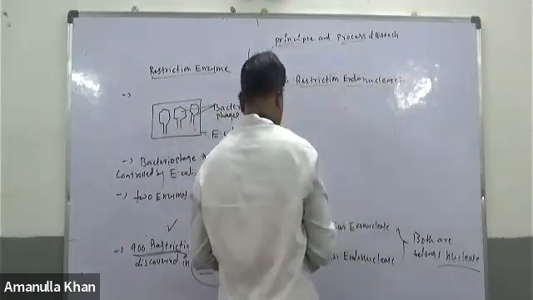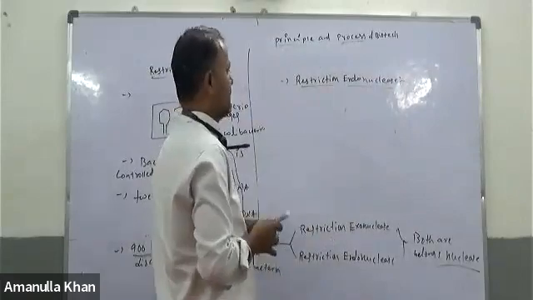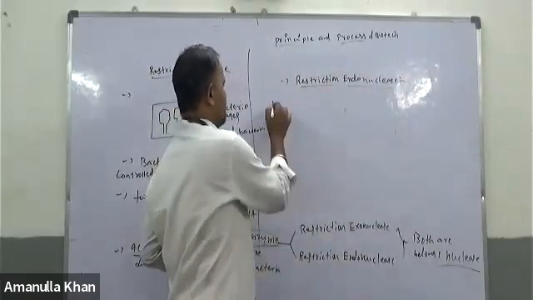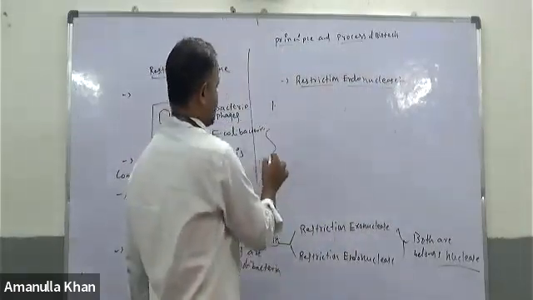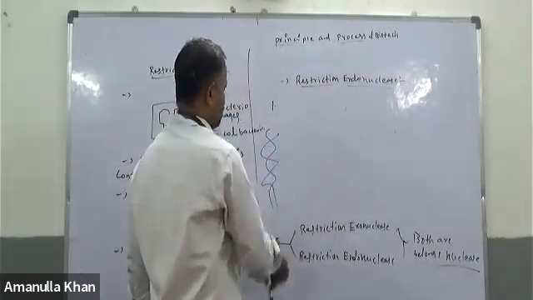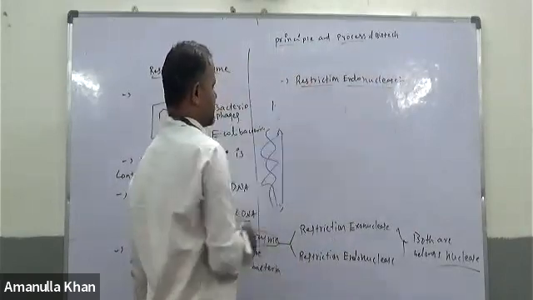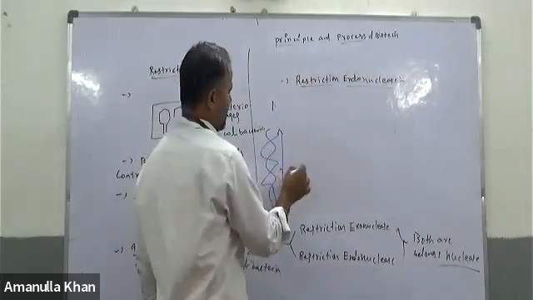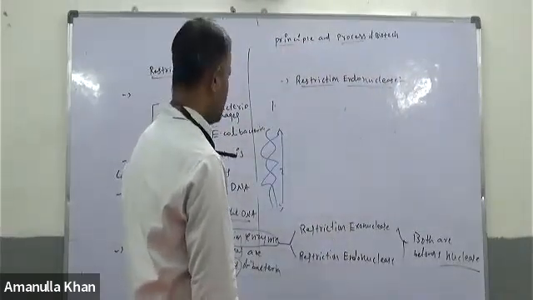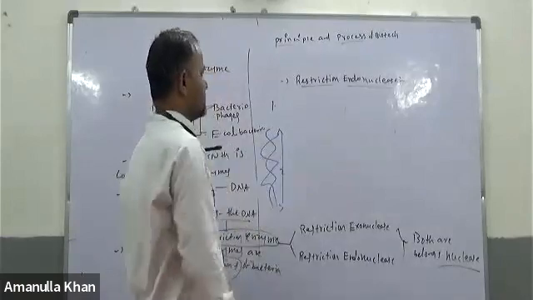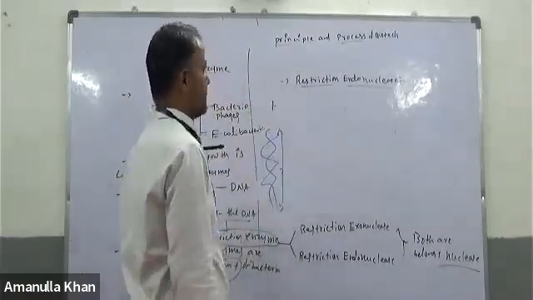What is the function of the restriction endonuclease enzyme? First, it identifies the length of DNA. For example, this DNA may be 2 meters, 1.5 meters, 1 meter or half a meter. How much its length is, is identified by the restriction endonuclease enzyme.